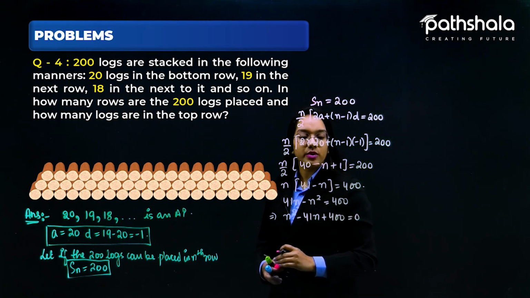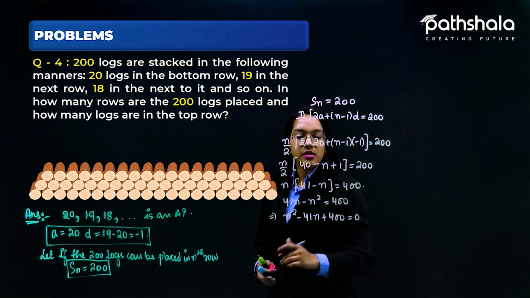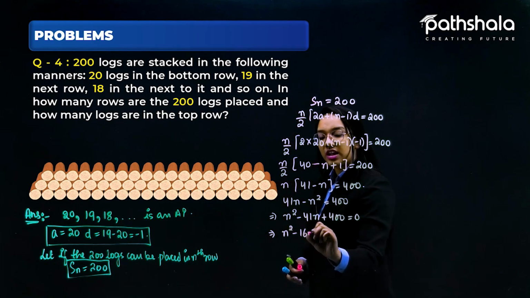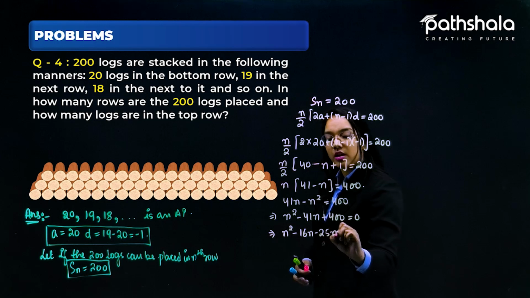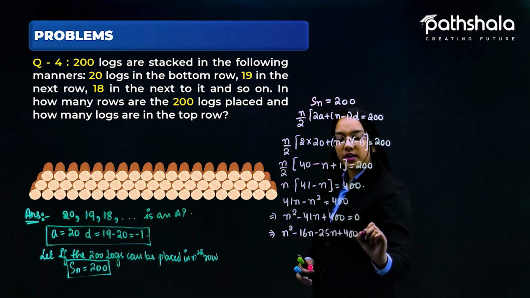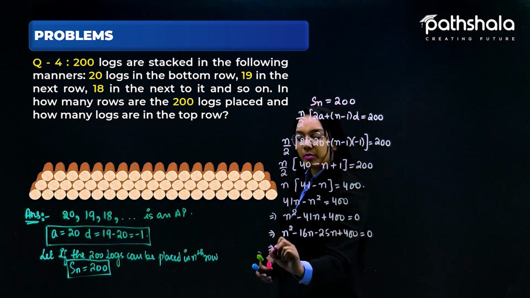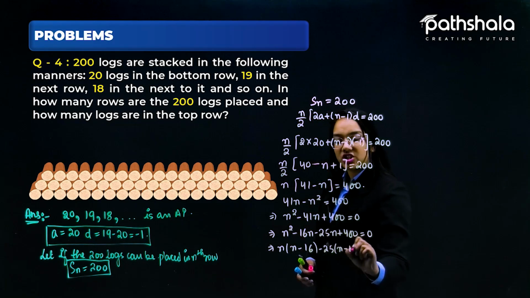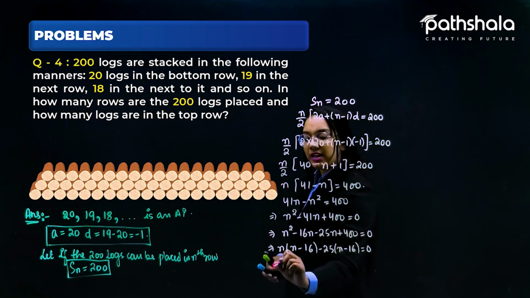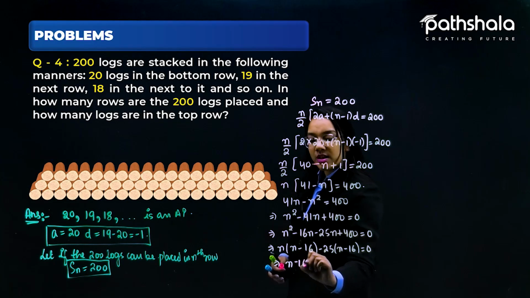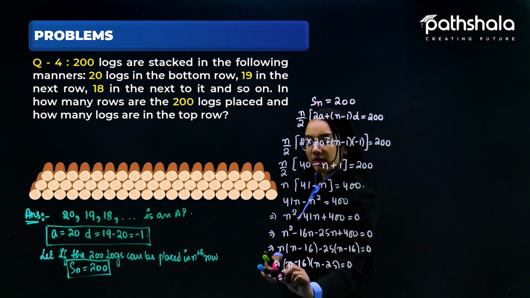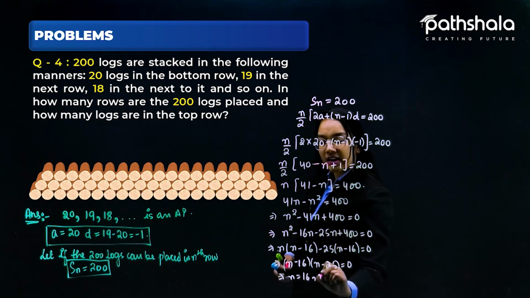If we factorize it, it would be n square minus 16n minus 25n plus 400 is equal to 0, and this would be n minus 16 into n minus 25 is equal to 0. It means we are getting two values of n: n is 16 and n is 25.